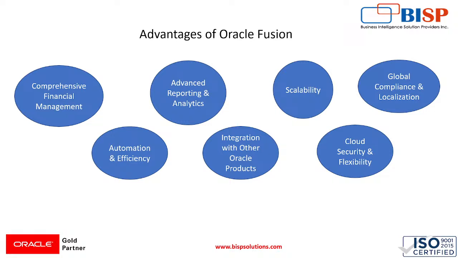So after seeing all the limitations and the advantages, we come to the conclusion that Oracle Fusion is best for larger businesses needing comprehensive, scalable financial management with advanced features.